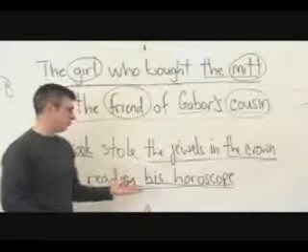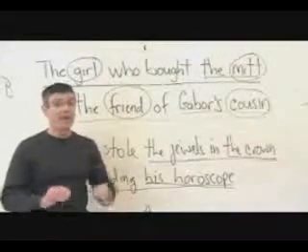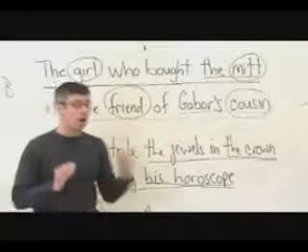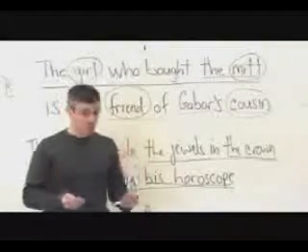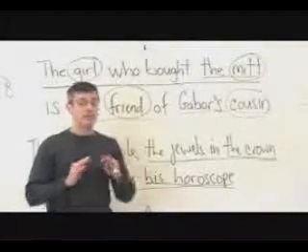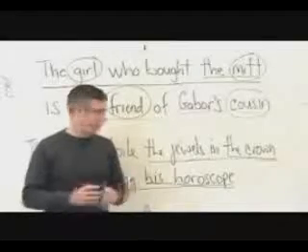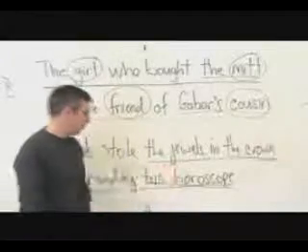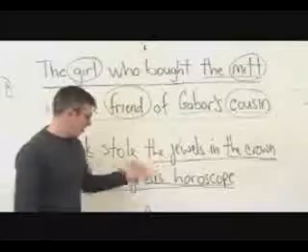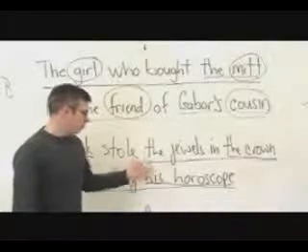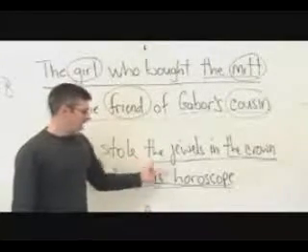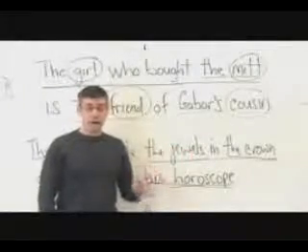So reading his horoscope is a gerund phrase, and all gerund phrases are, by definition, nominal phrases. The gerund phrase is a subset of the nominal phrase, and his horoscope is functioning as the direct object of reading. Reading what? His horoscope. So that is yet another nominal phrase.